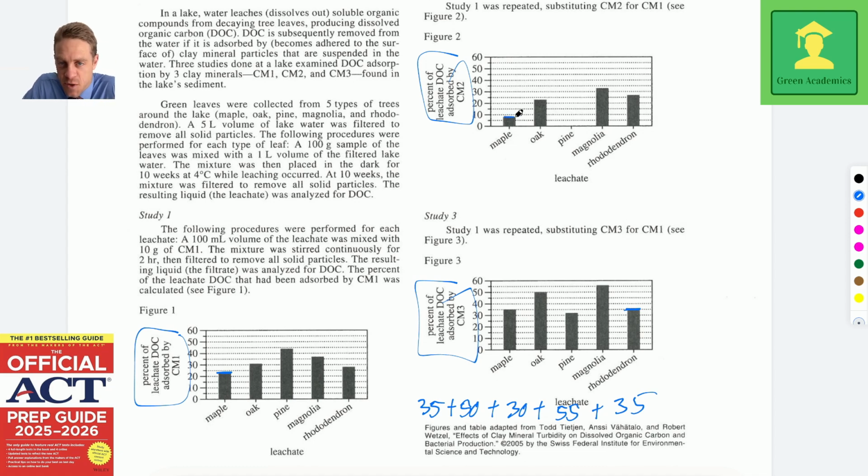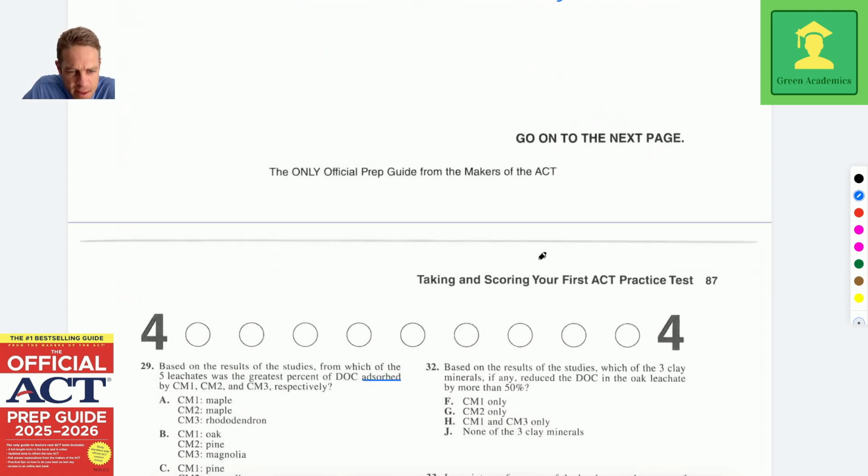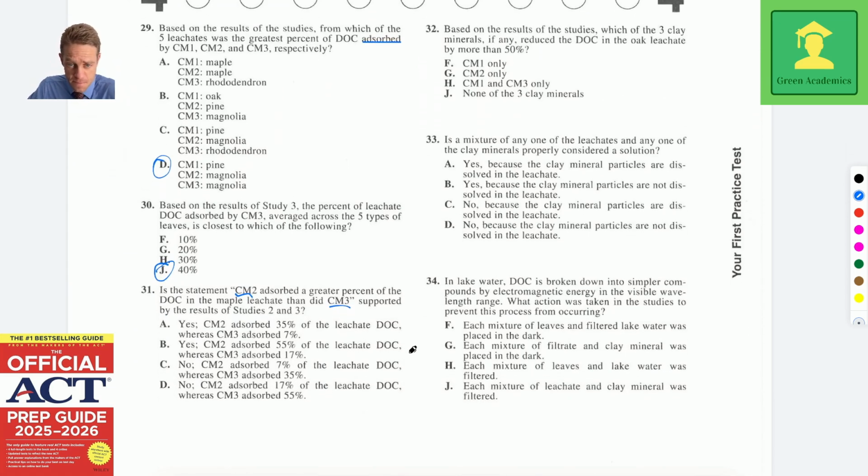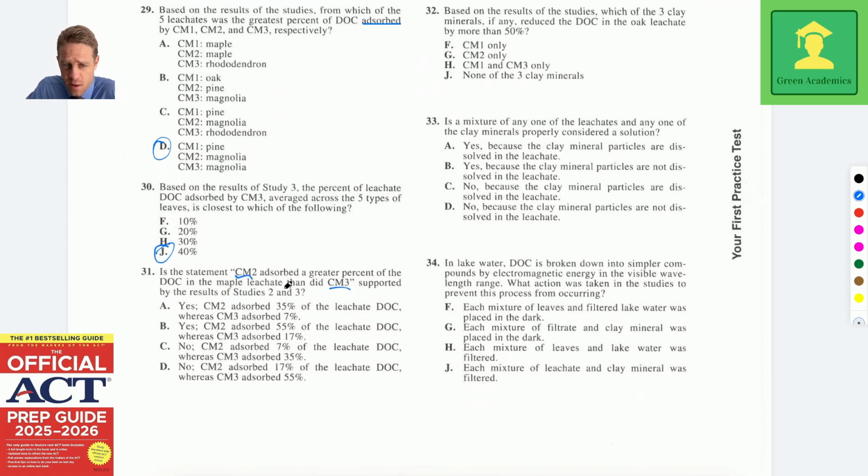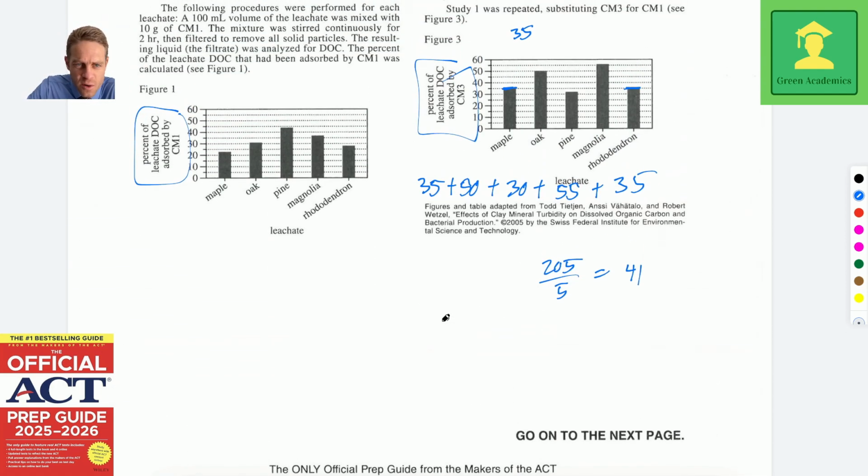I'm sorry. CM2 here for the maple is 17, and CM3 for the maple is 35. Okay, so is it correct that CM2 absorbed more? No, it's the other way around. No, CM2 absorbed 7. I thought it was 17 because I accidentally looked at the wrong thing really quickly.